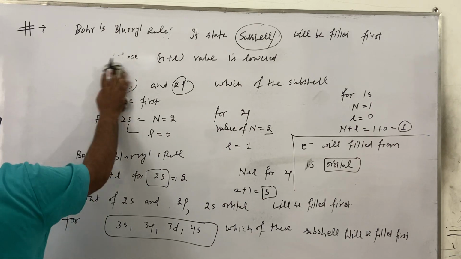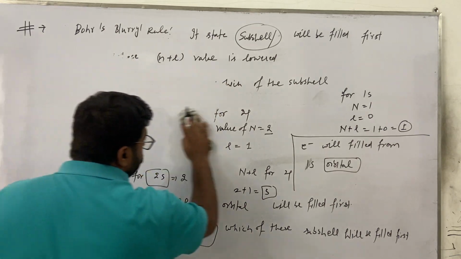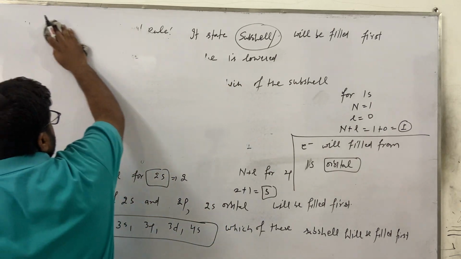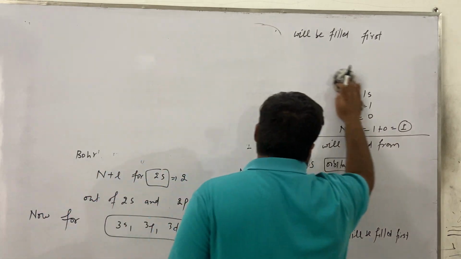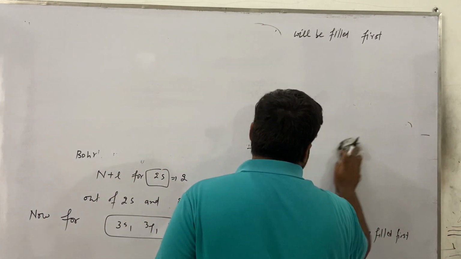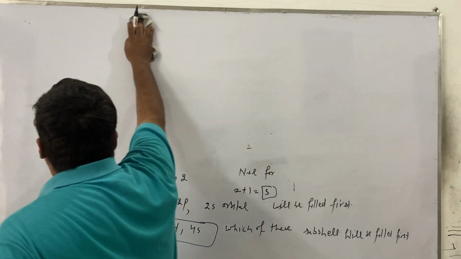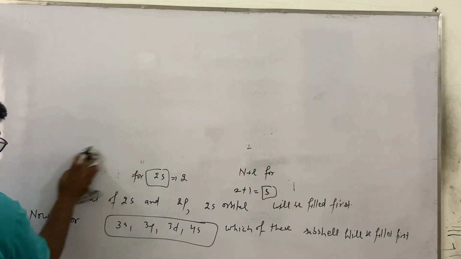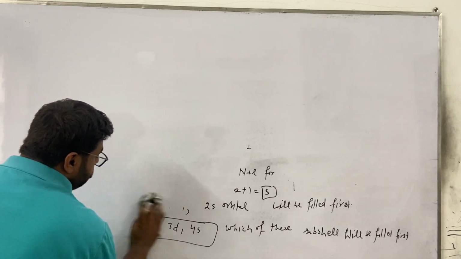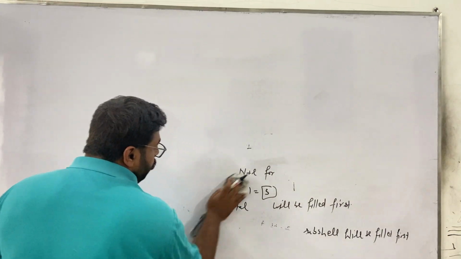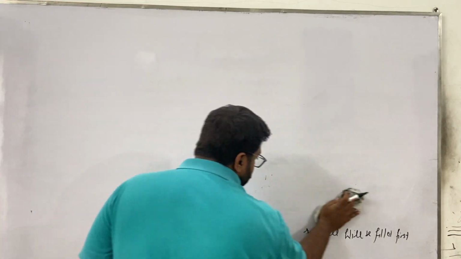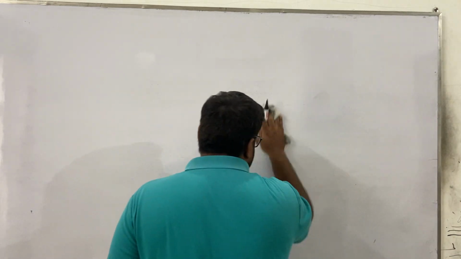Now we have to make a series by which we can conclude how electron filling takes place.